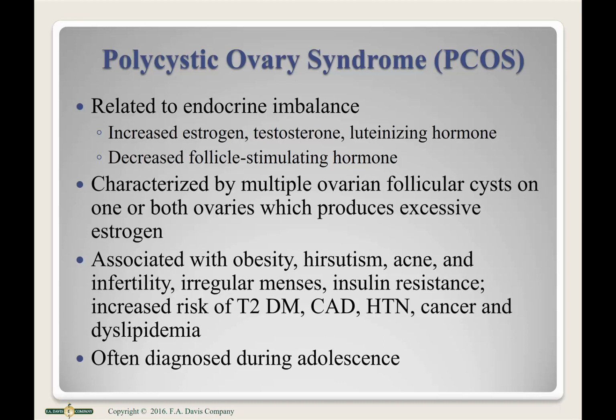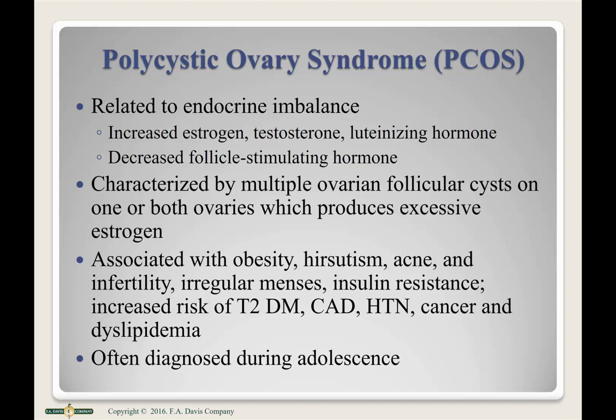So what happens is we have multiple follicular cysts, follicles that develop into a cyst in either one or both ovaries, and then those continue to produce excessive estrogen and cause problems. So many times women with polycystic ovarian syndrome have problems with obesity and hirsutism. Hirsutism is the abnormal hair growth on the face.